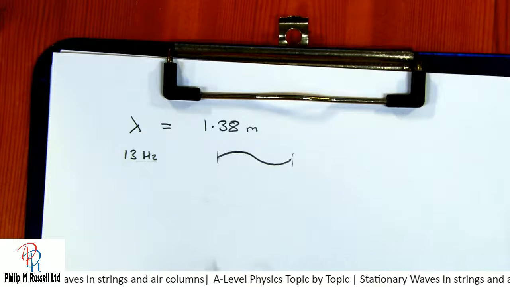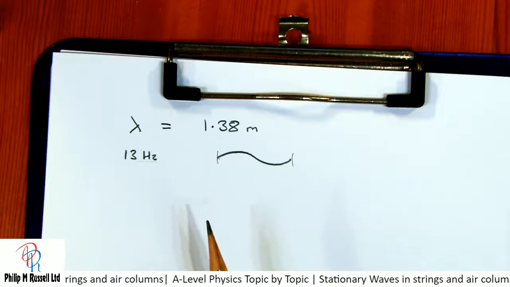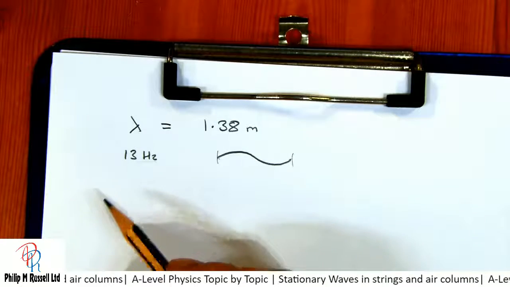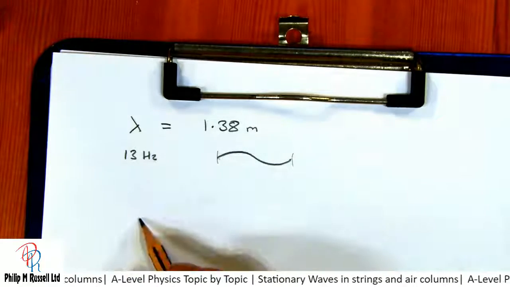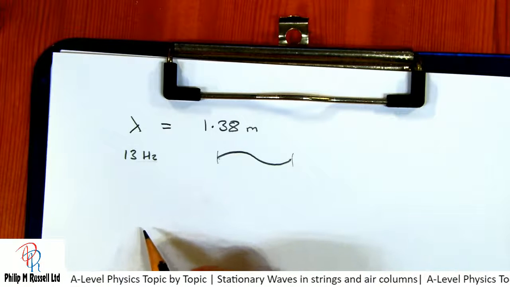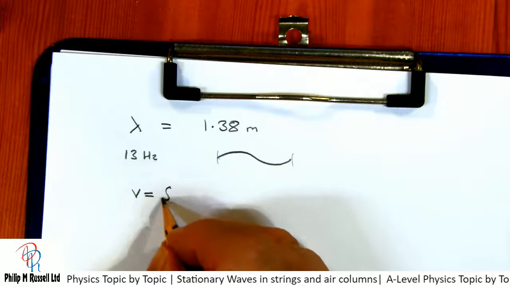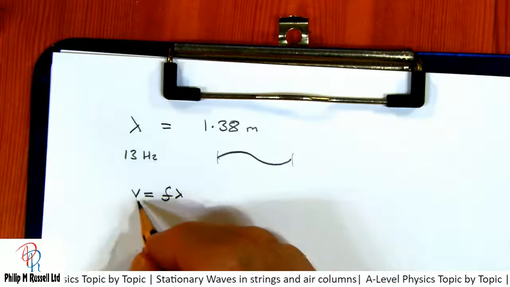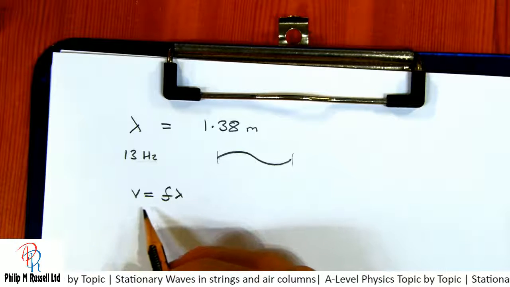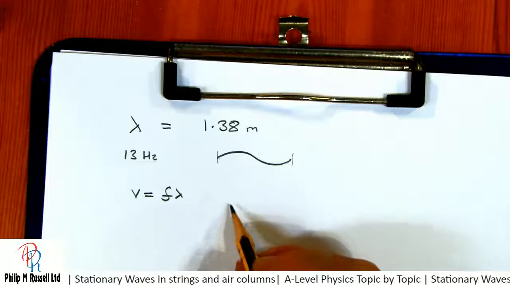Well, we know what the frequency is, we know the wavelength. We know various formulas like V equals F lambda, so I've got a velocity, but this is not a moving wave, this is a stationary wave.